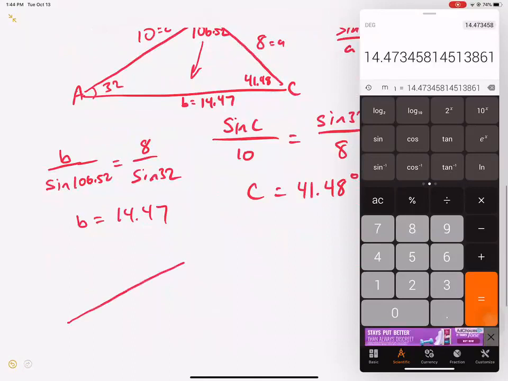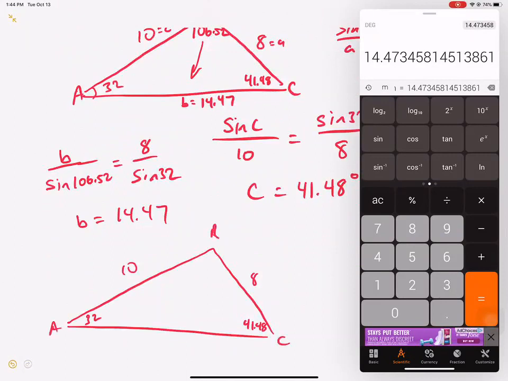So let's draw the triangle again, and we'll see what we know. We know this is 32. We know this is 41.48. 8, 10, A, C, B. Now, the second triangle, remember, we mentioned was going to be cut.